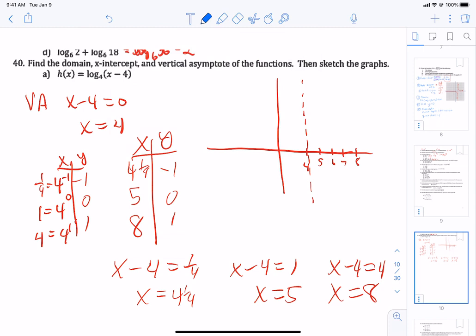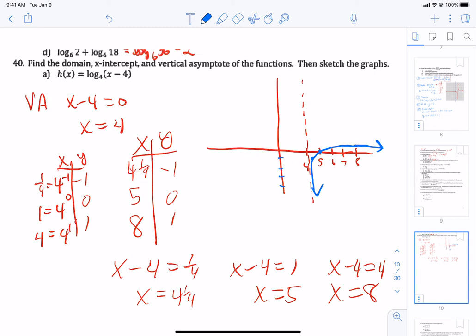Okay, so at 4 1/4, I'm at -1. At 5, I'm at 0, and at 8, I'm at 1. And that's it.